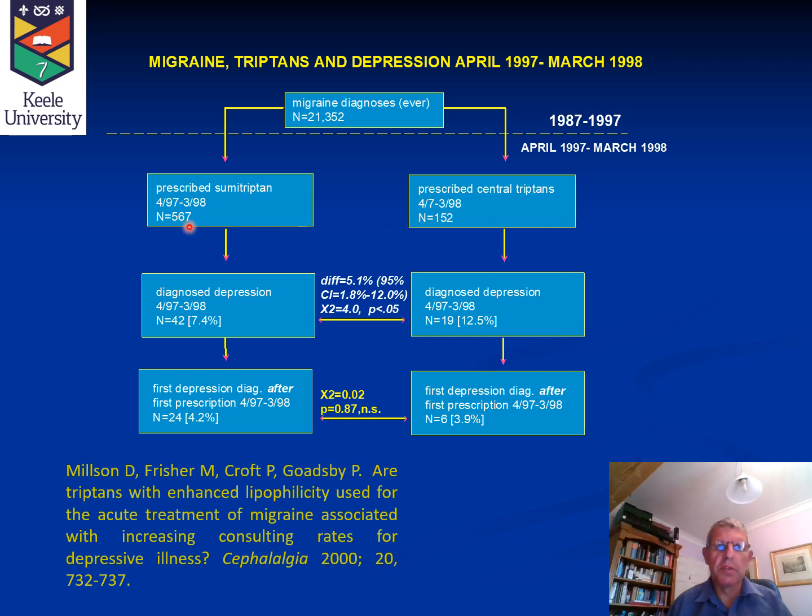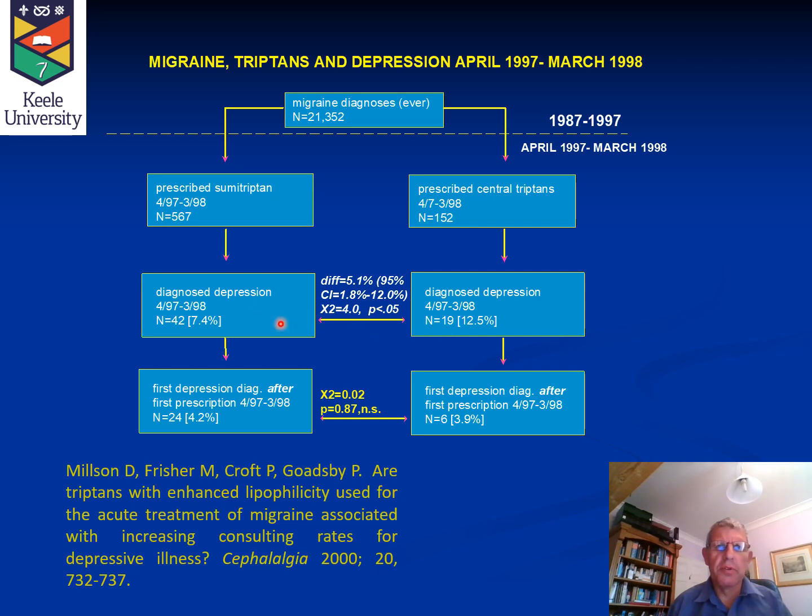You can see that there were 567 people in this group compared to 152. So quite reasonable sample sizes, although not huge sample sizes. The next thing I did was look within the same period to see whether they had a diagnosis of depression.